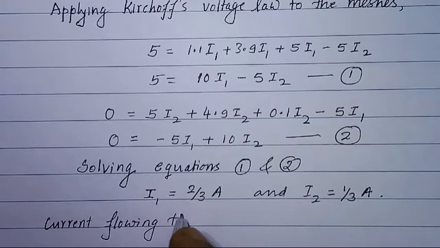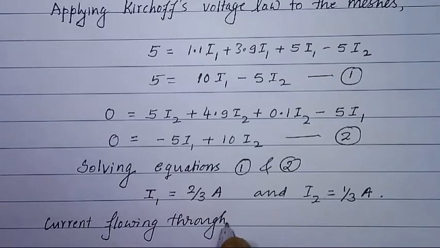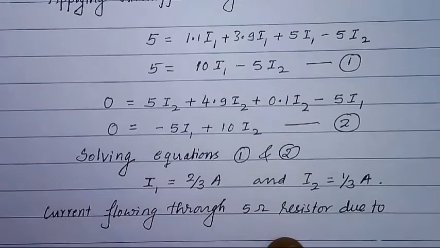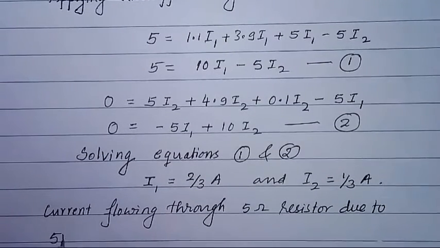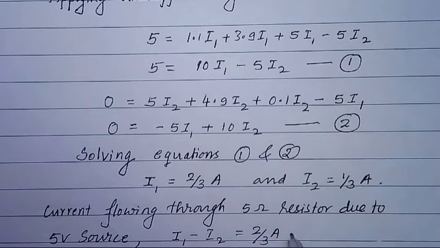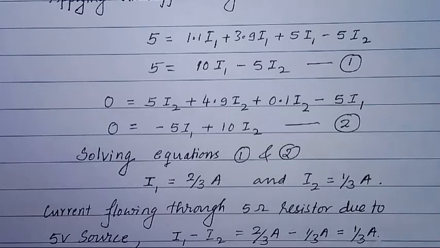Current flowing through 5 ohm resistor due to 5 volt source is I1 minus I2 is equal to 2 by 3 amperes minus 1 by 3 amperes, that is equal to 1 by 3 ampere.